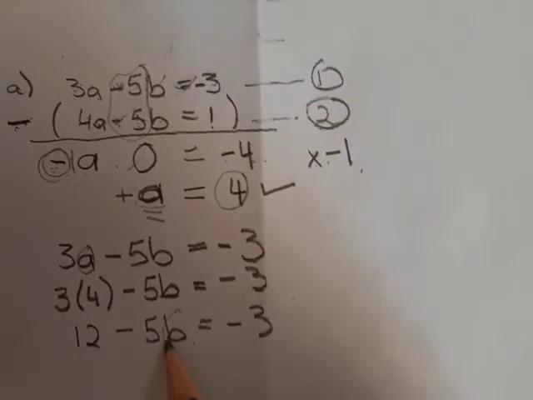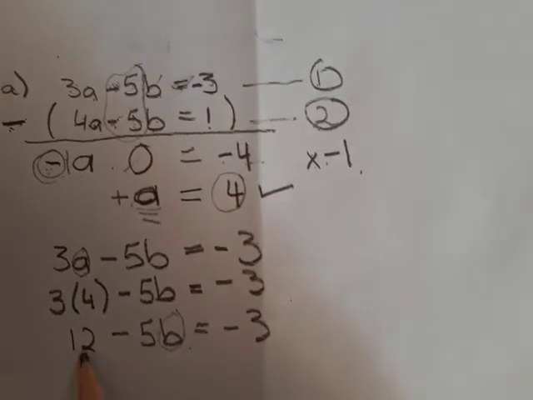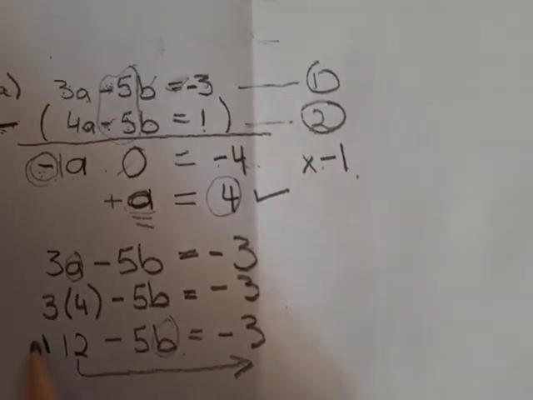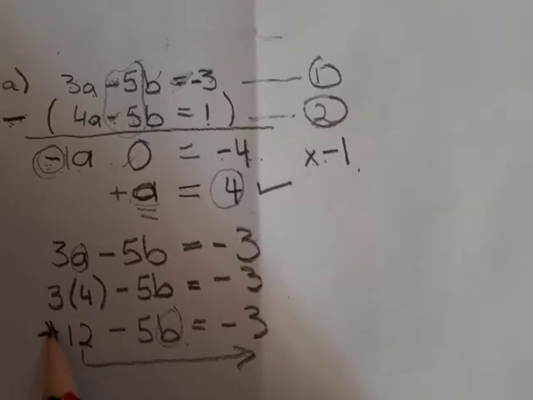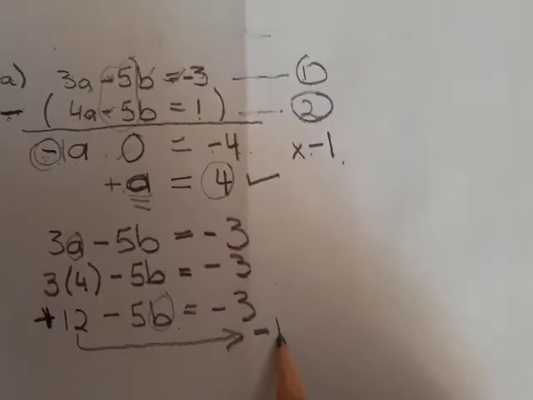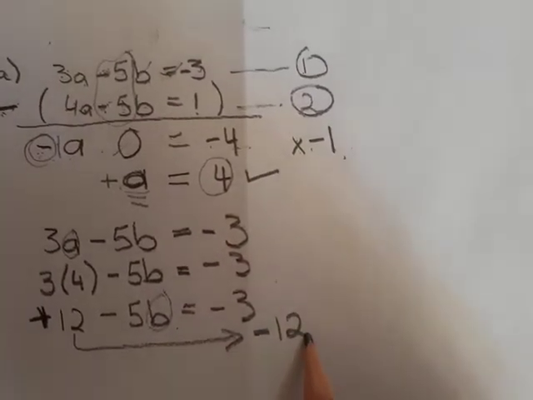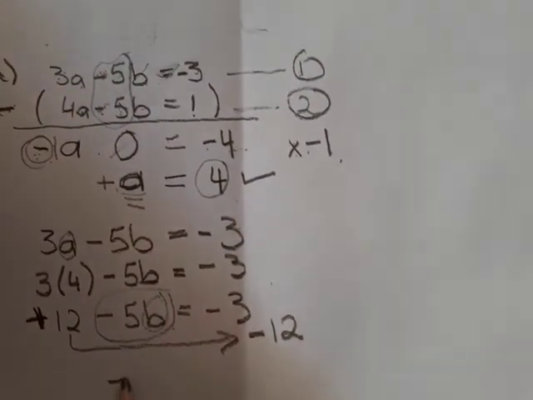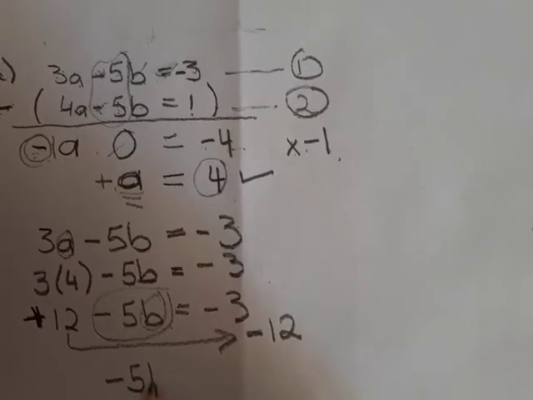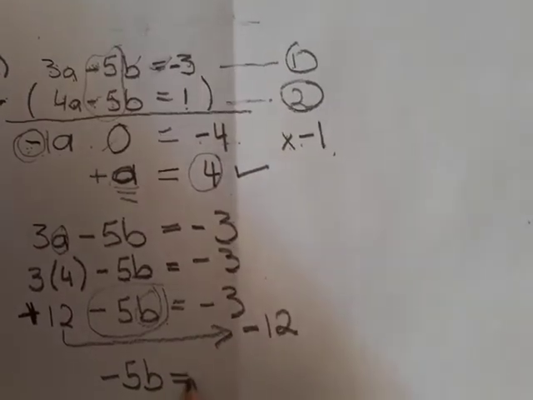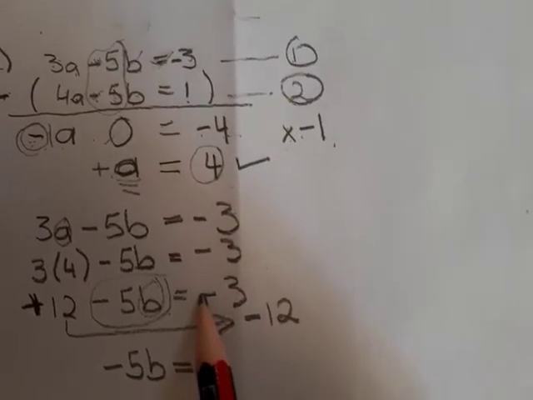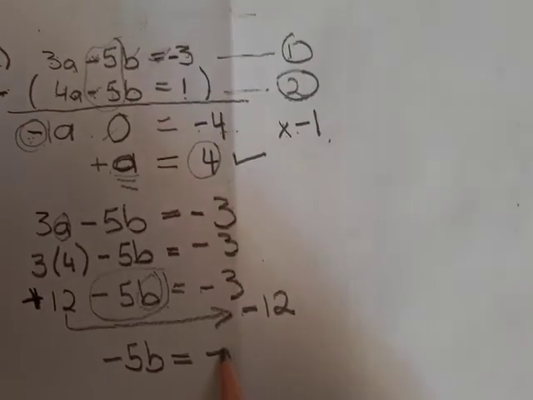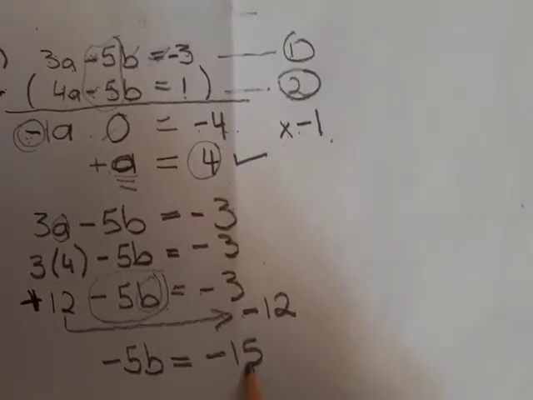Now we want to find B, people, meaning we must get rid of the 12. Importantly, the 12 is positive, so you take it over by minus. Then on the left-hand side, you've got -5B left over. On the right-hand side, you've got -3 minus 12, which gives you -15.